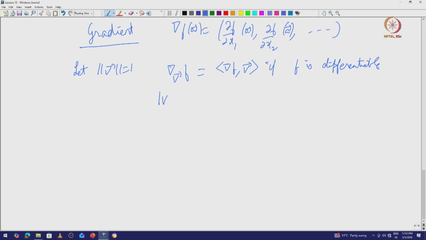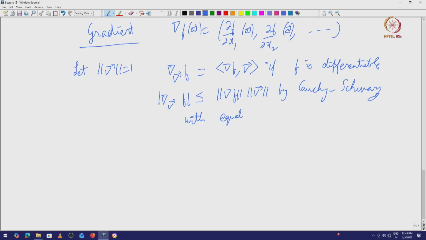So mod of this is less than or equal to norm of gradient of f times norm v by Cauchy-Schwarz, with equality holding if and only if gradient of f is parallel to v for some c.